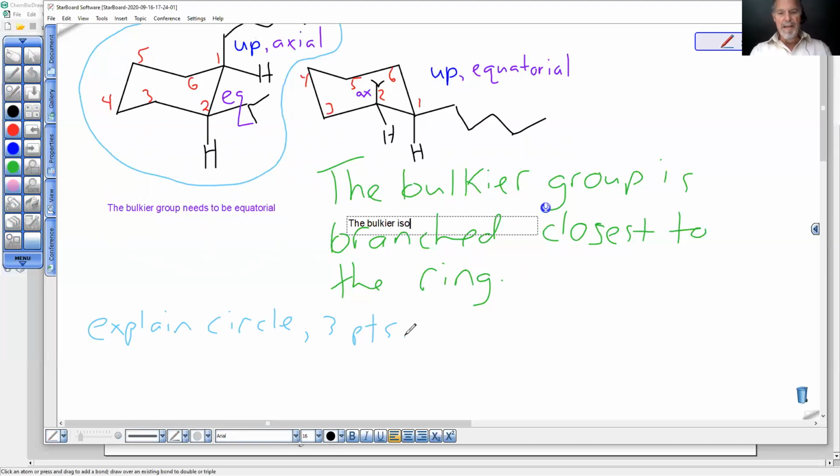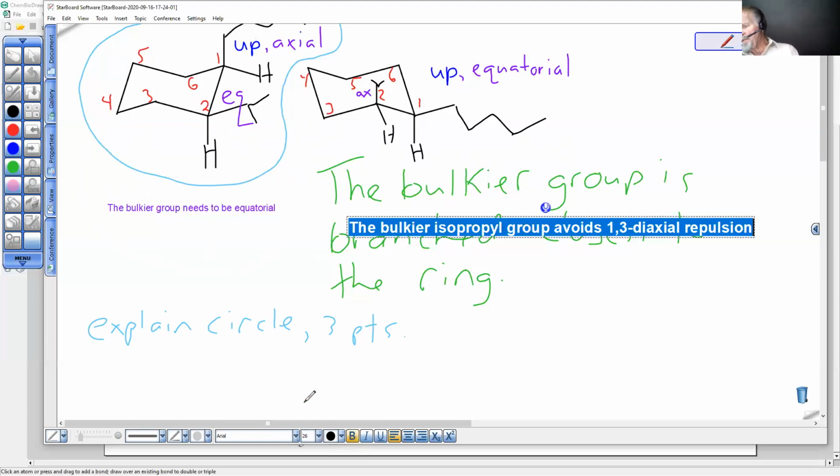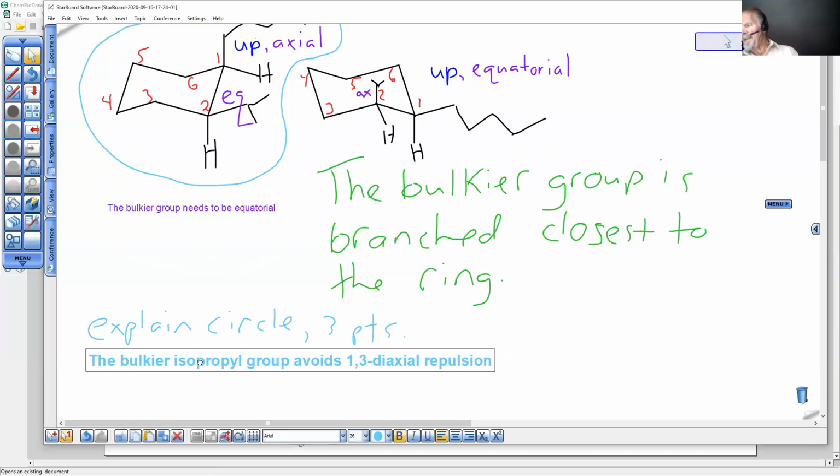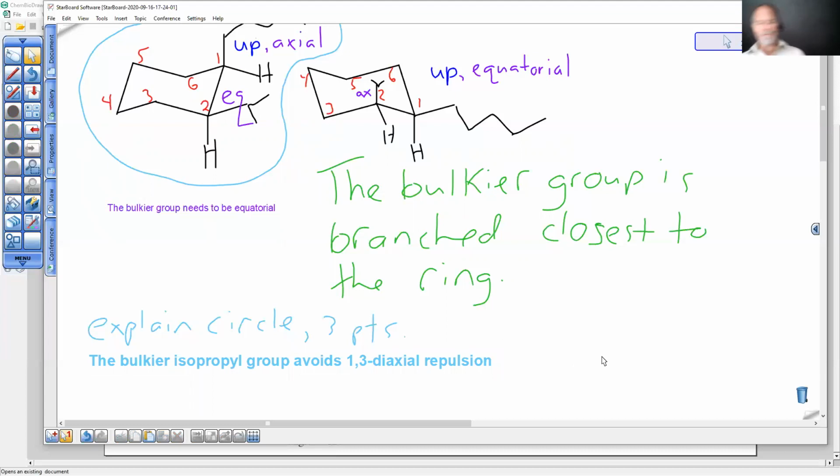Bulkier isopropyl group avoids 1,3 diaxial repulsion. All of that gets you 3 points. All right, and make it baby blue. And that was what I wanted to talk about today. So there's your explain. This is a 12-point question.